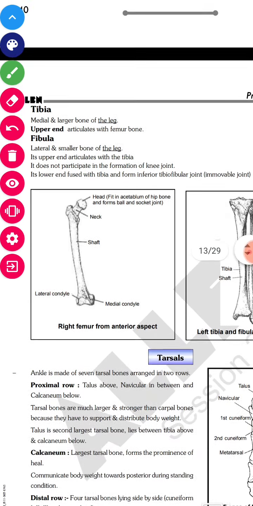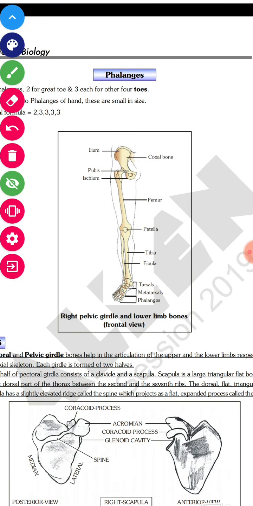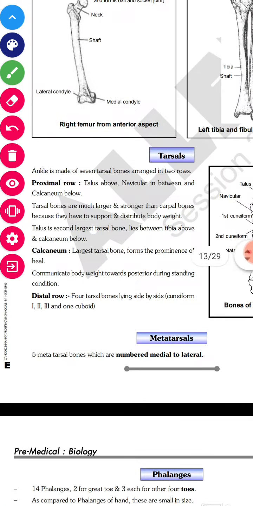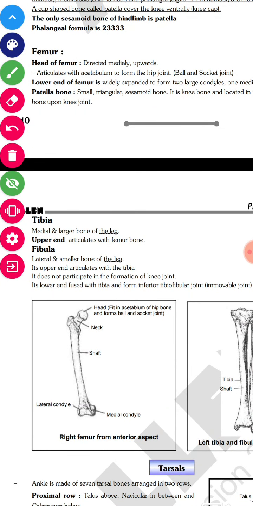See, in the forelimb the humerus was articulated into the shoulder bone with the help of which cavity? That was the glenoid cavity. But over here in the hip bone, the femur is going to be articulated and form a joint, and the cavity is called the acetabulum, and the joint is ball and socket. Same was there in the hand also.